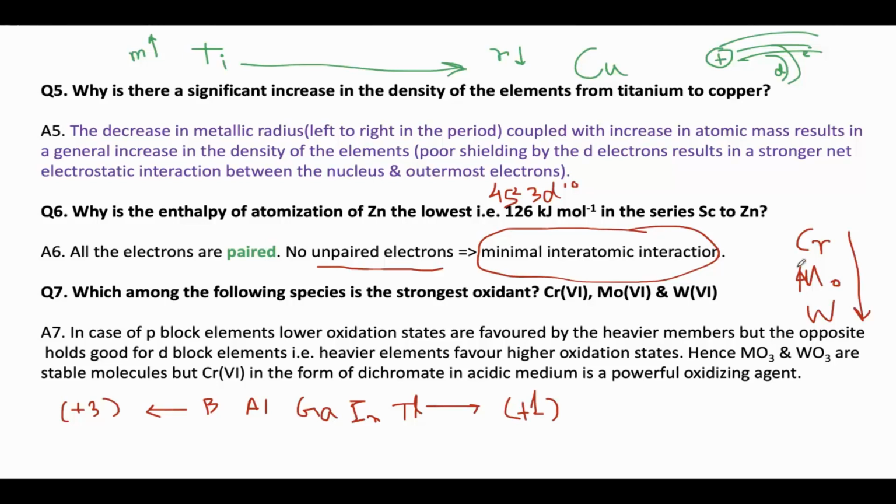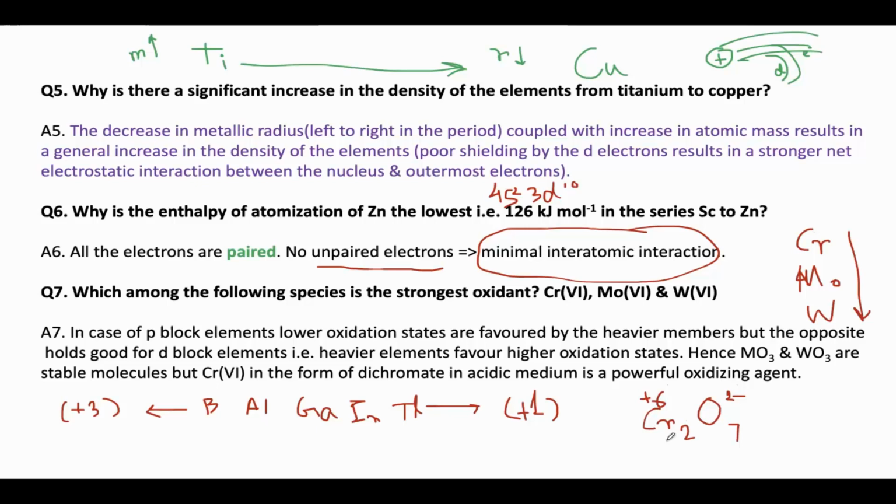But when we talk about chromium, it is the lightest congener in the group, and it has the compound K2Cr2O7, potassium dichromate, or the Cr2O7 2-, which also has chromium in the +6 configuration. So this chromium +6 compound is much less stable.